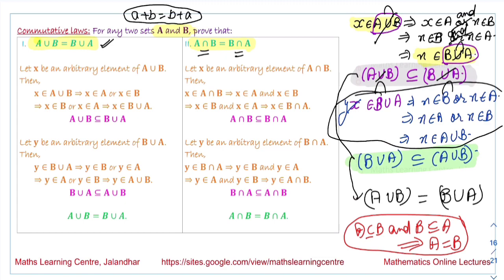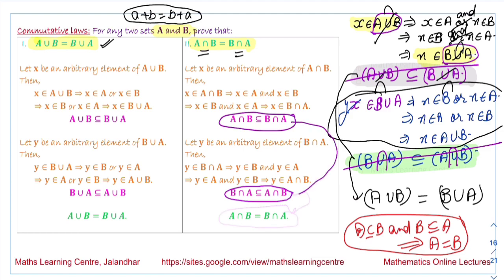The final answers we will obtain are that A intersection B is a subset of B intersection A, and B intersection A is a subset of A intersection B. Combining these two results, we obtain that A intersection B is equal to B intersection A.